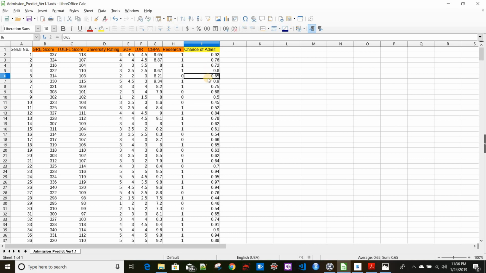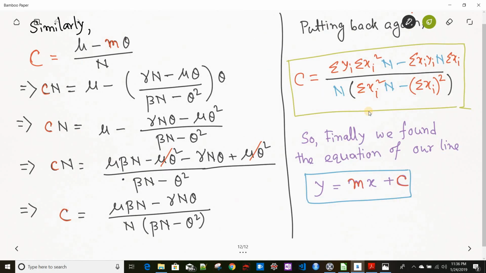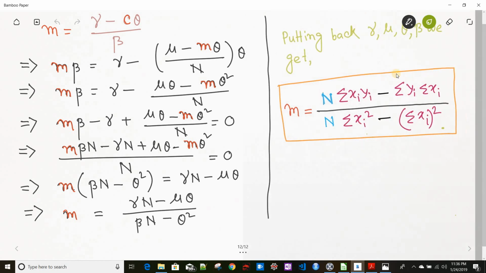And this is the interesting stuff, right? When we are doing the training process, our dependent variable also comes into the picture. This is where the actual learning is happening, right? In a similar way, if you solve for c, you will get this kind of equation. So basically we came up with our equation of y equals mx plus c, where we will replace m with this hairy value and c with these values.